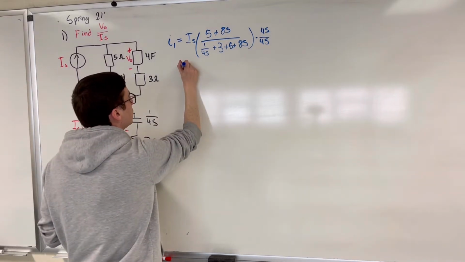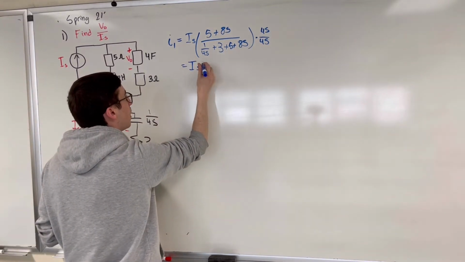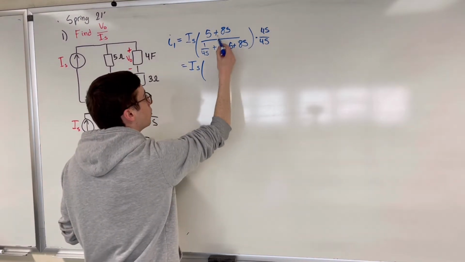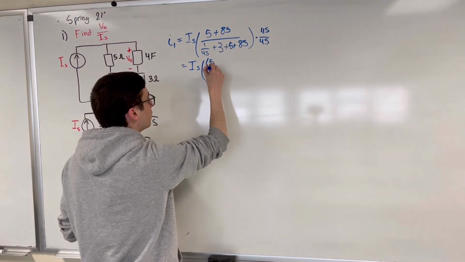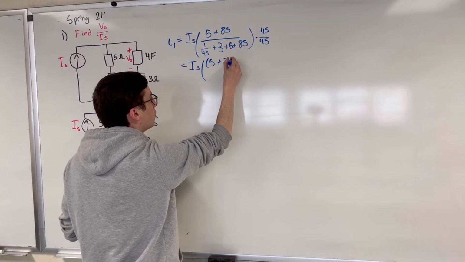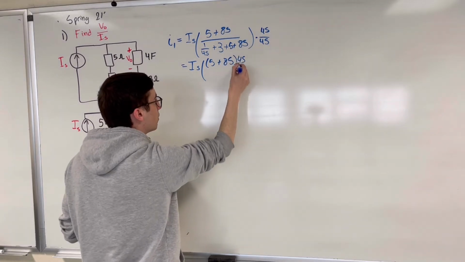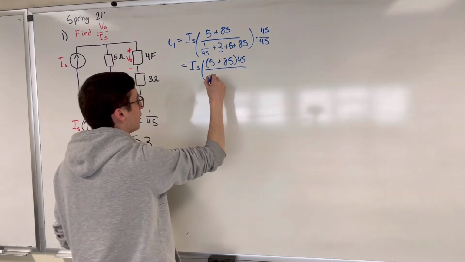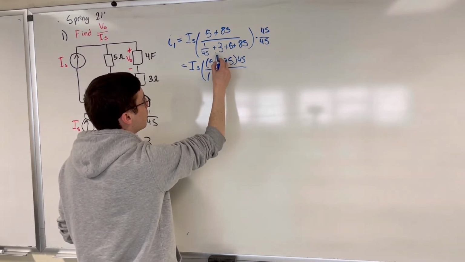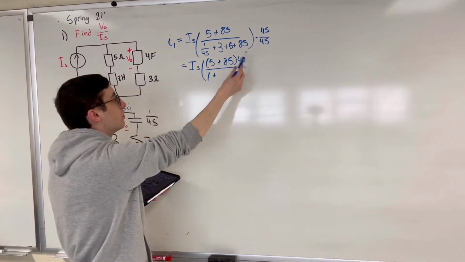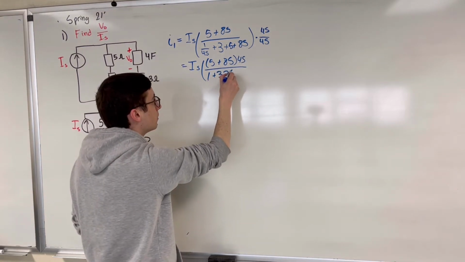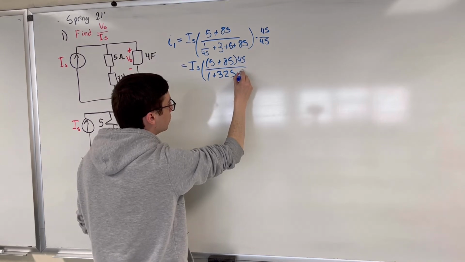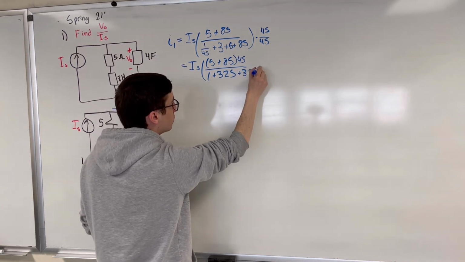So this would be equal to IS times, I'm actually going to keep this 4S in the numerator without distributing, but I'm going to distribute the denominator. So we're going to have 1 plus 3 plus 5 is 8 times 4S is 32S. 8S times 4S is equal to 32S squared.